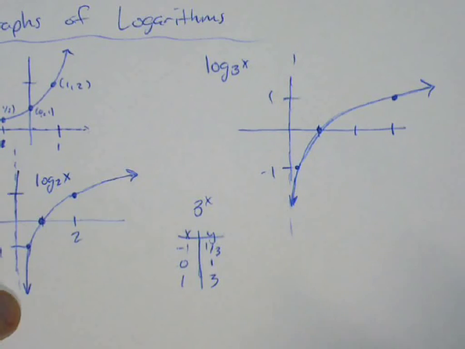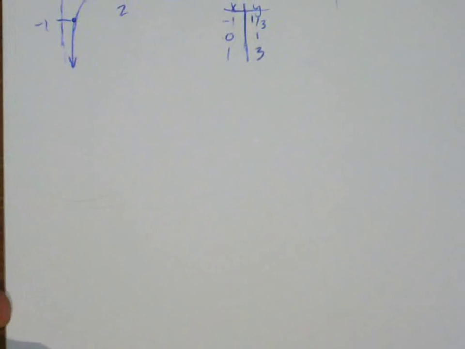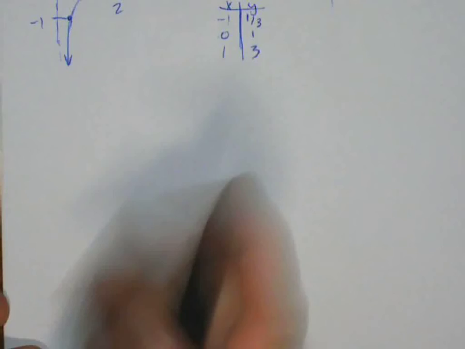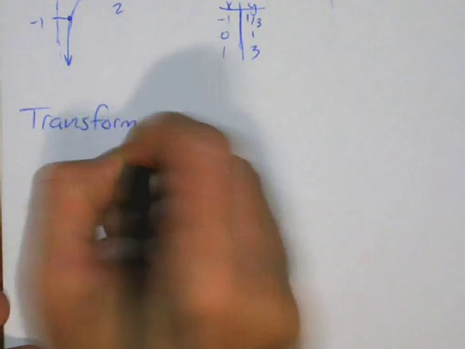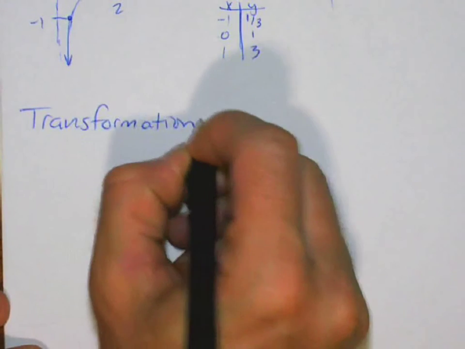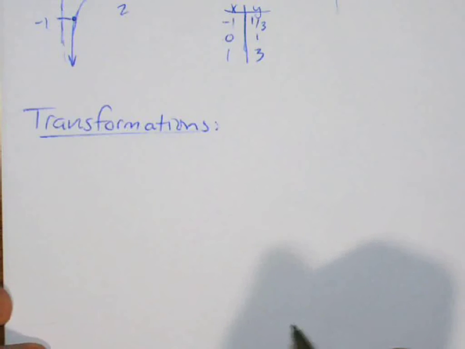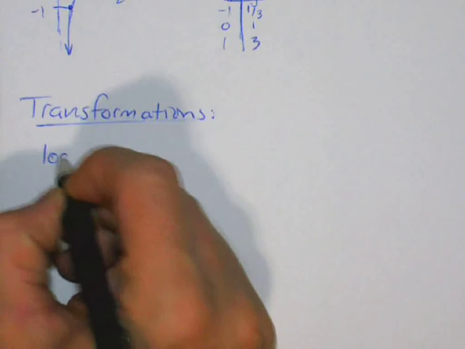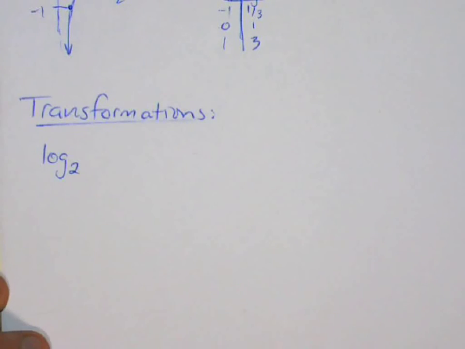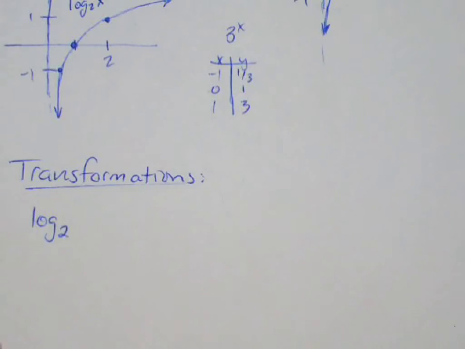And some of you might be thinking, well, what about transformations? Well, what about them? They do the same thing as we've always done them. So if I did the transformations, let's just say I had log base 2, because we already have what log base 2 looks like right up here above it.